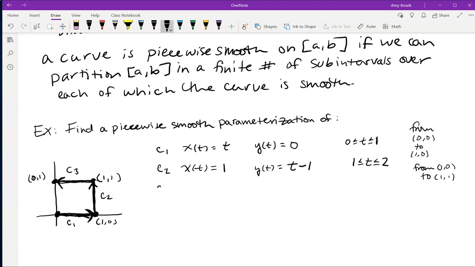And then for C3, since our last curve left off with t equals 2, we need to pick up where we left off, and then we can decide where to go to. This one needs to go from that point (1, 1) to the point (0, 1).